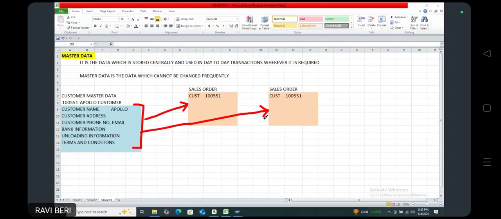So it takes lot of time. Okay. So we have to enter manually, so which will take more time. And if you enter the data manually every time, mistakes will happen. So that is a problem if you don't have master data. Take this example.